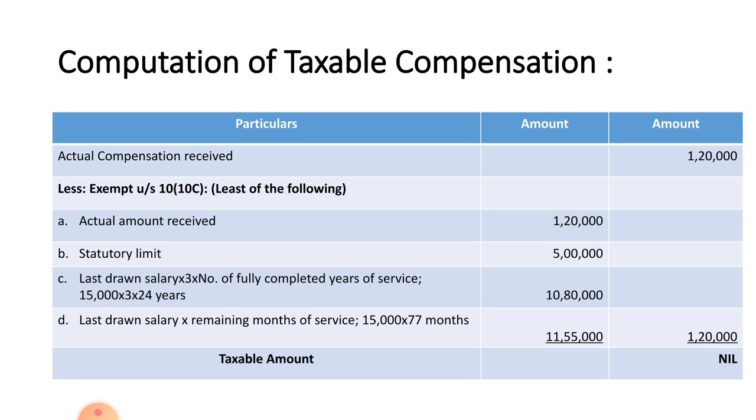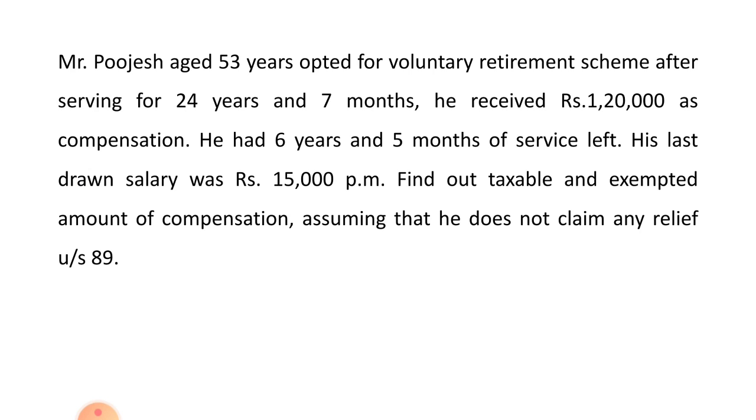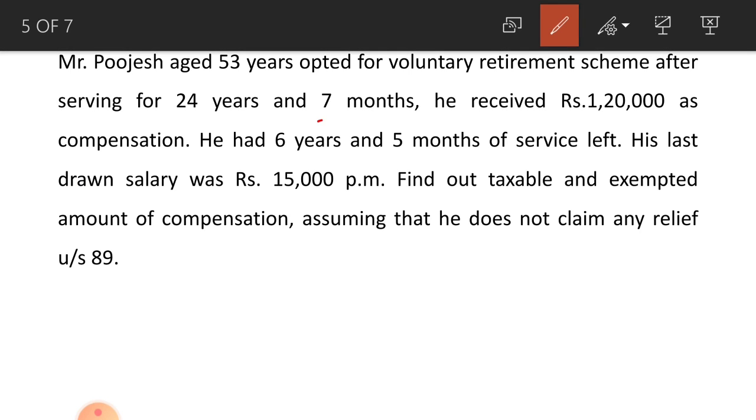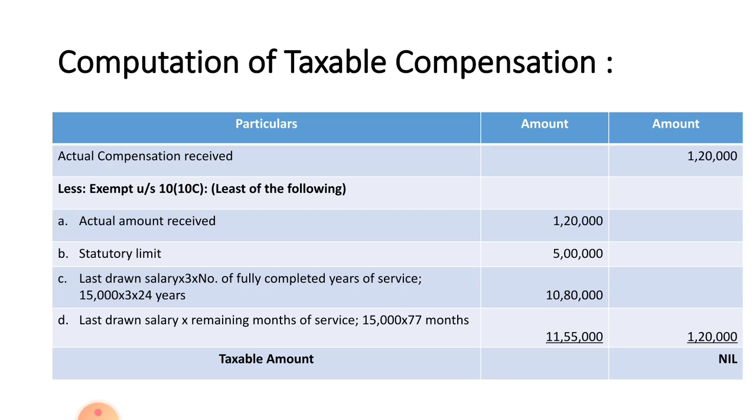Actual amount received 1,20,000, statutory limit 5 lakhs. Next, last drawn salary into 3 into number of fully completed years of service, that is last drawn salary 15,000 into 3 into 24 years. You have to ignore the fraction of years, that is 7 months you have to ignore here.